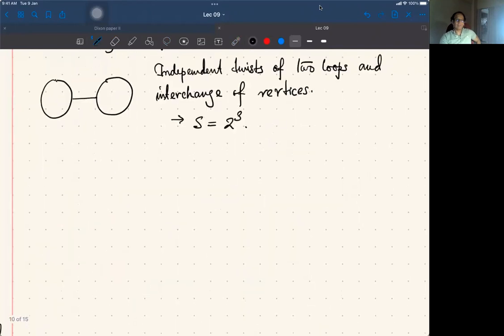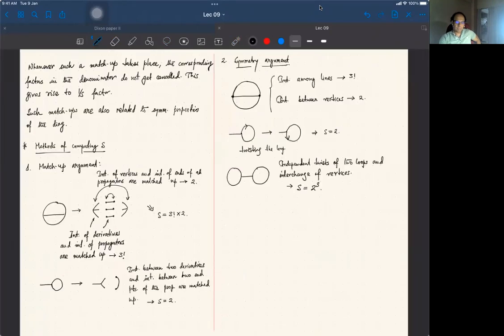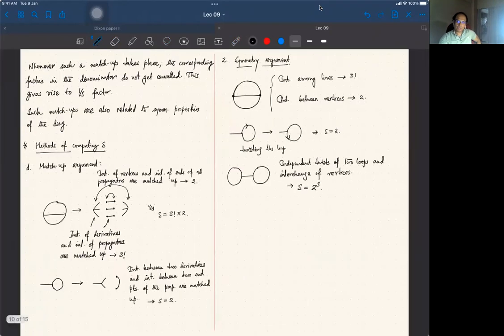Next, what we need to do is to look at these disconnected diagrams. Just like in the free theory, identical component of a disconnected diagram will have a symmetry factor 1 over factorial n.